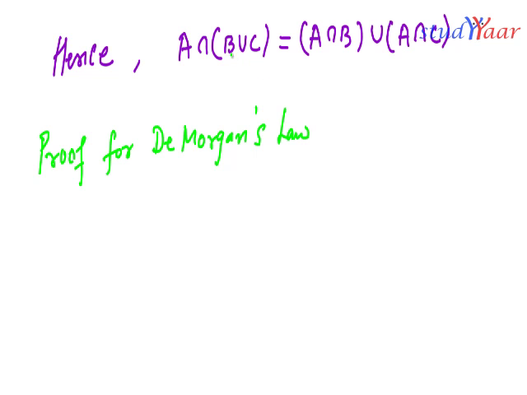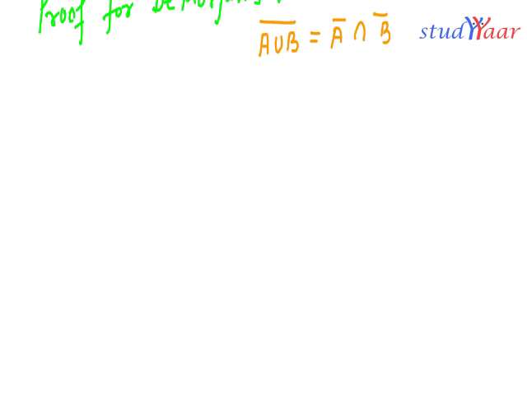We are going to prove that, let's use a different color over here, that complement of A union B is equal to complement of A intersection complement of B. How are we going to prove it? We are going to take an element of this set. Let X be an element of A union B the whole complement.